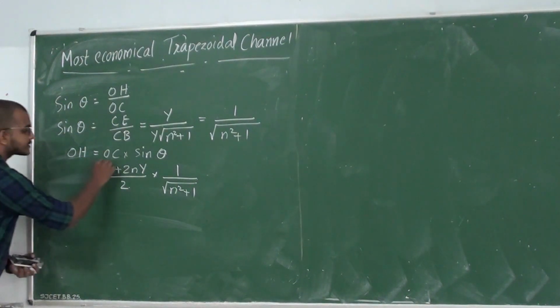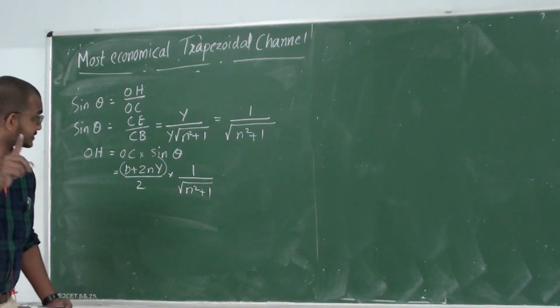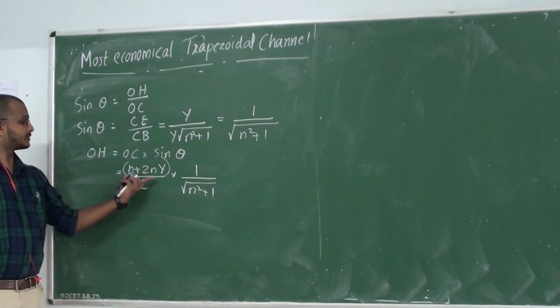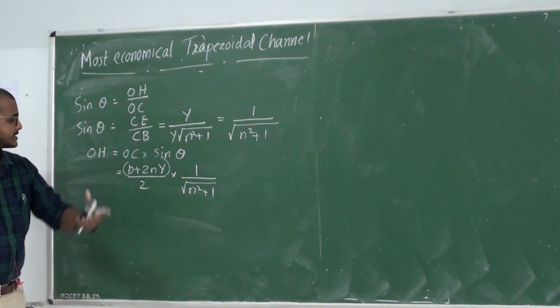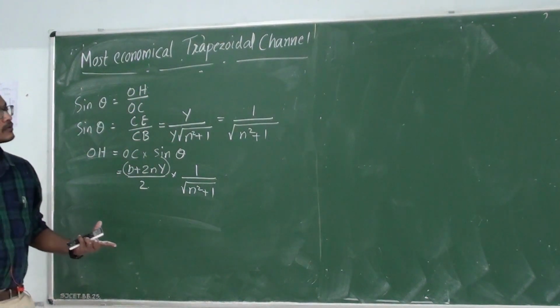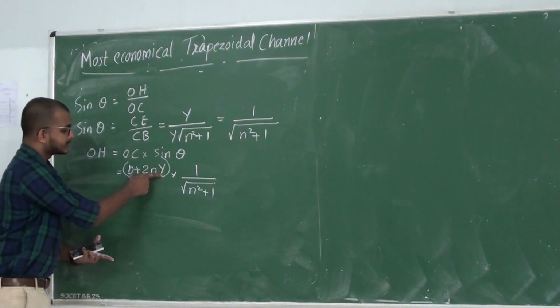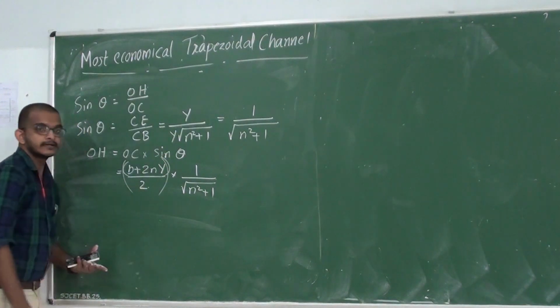Now let us substitute the condition for the channel section to be the most economical one. What was the first condition? The length of the sloping side is equal to half of top width. So B plus 2ny by 2 is nothing but half of the top width.